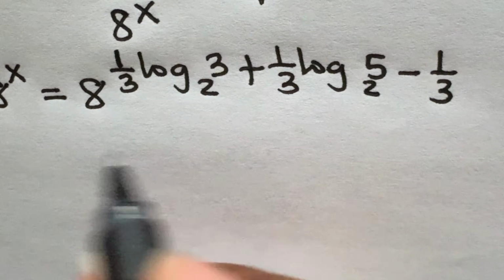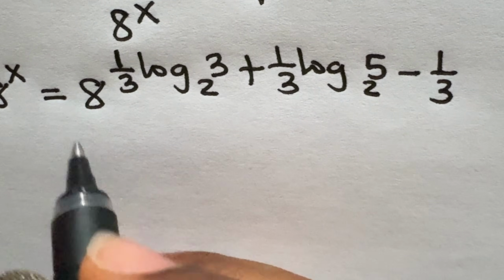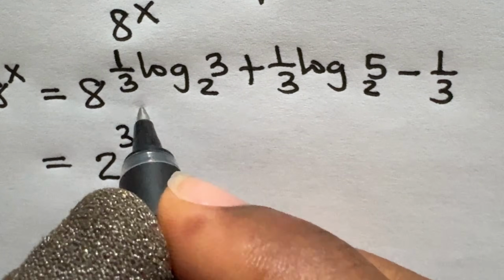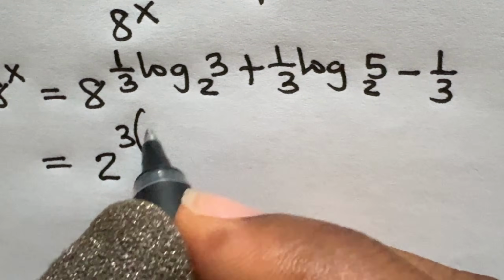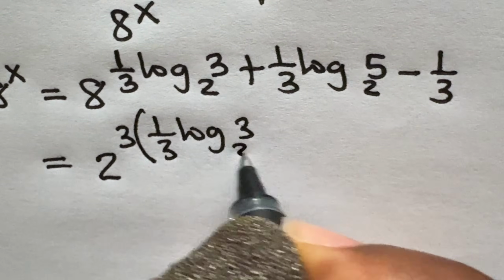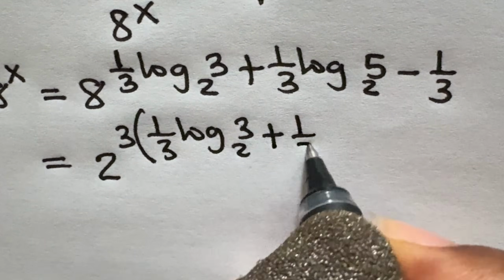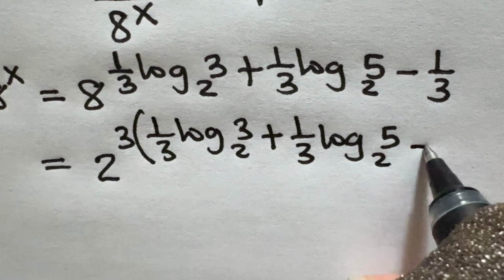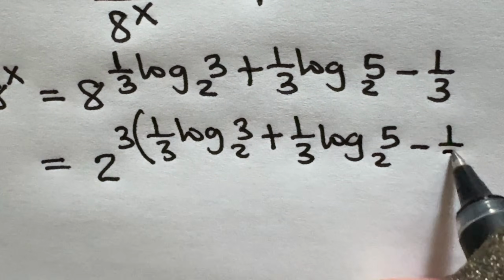Now let's tidy all of this up. 8 itself is 2 raised to power 3. So I have that into 1 over 3 log 3 base 2 plus 1 over 3 log 5 base 2 minus 1 over 3.